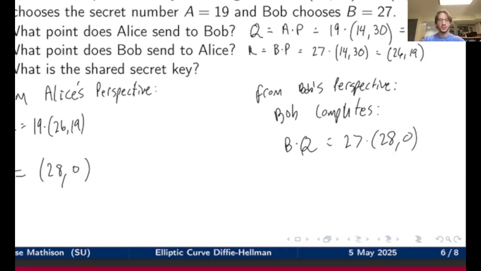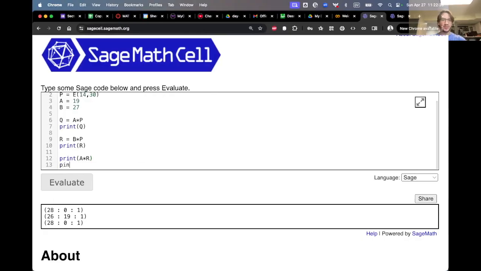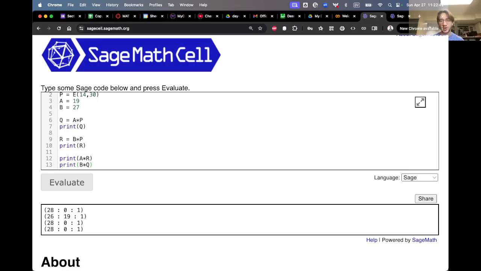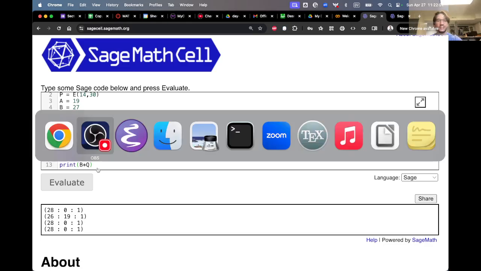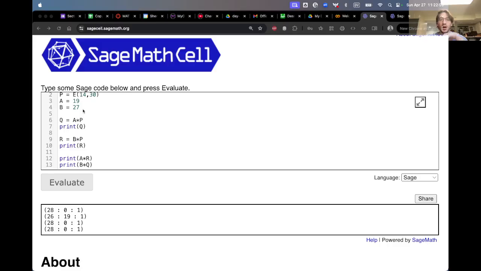Okay, so let's go see what that is. Print B times Q. And Bob also gets 28, comma, 0. Wow. Which is, again, actually the point that Alice sends to Bob.